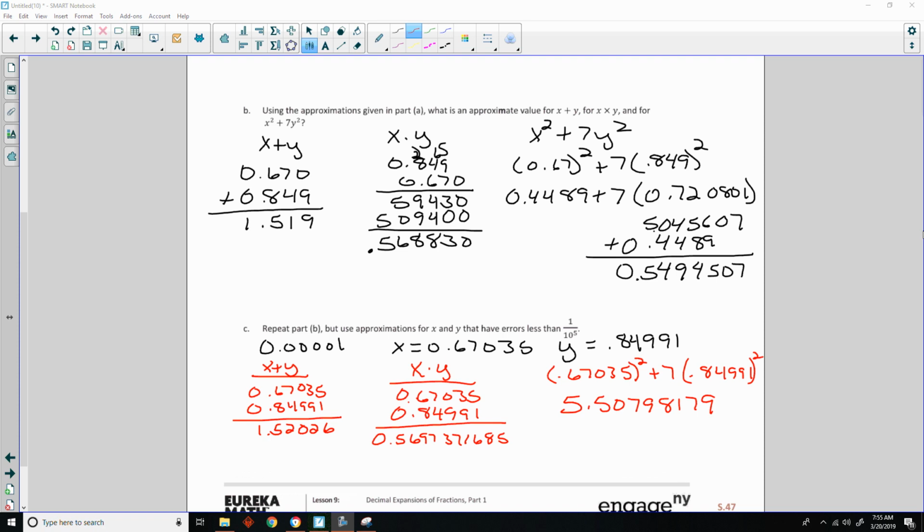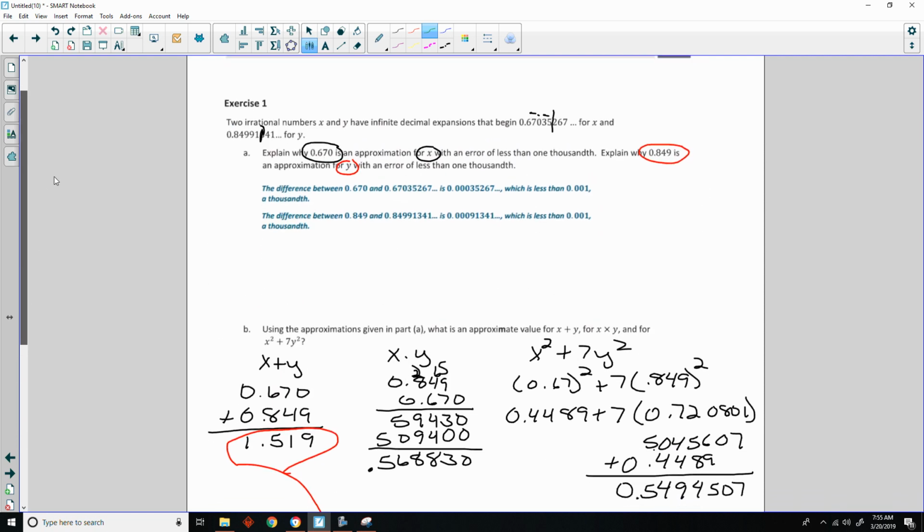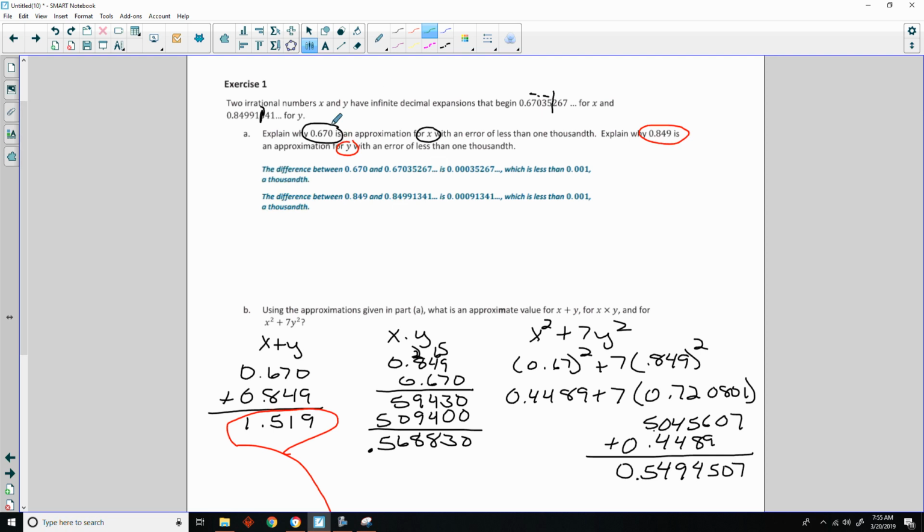Okay, so what did that do? How much did that change if we truncated? Here's our answer with the truncation compared to the actual. We truncated out further. So instead of 3 decimal places, we went out 5.